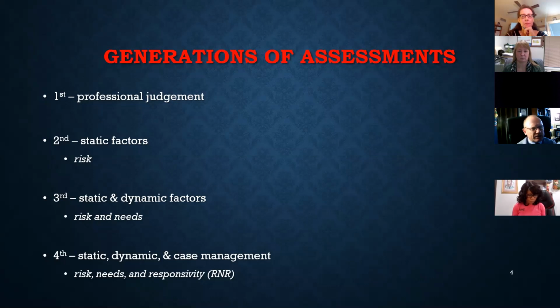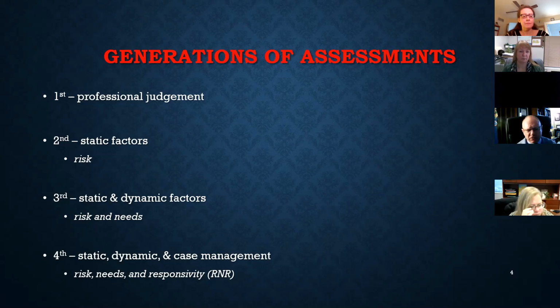And what's interesting about second generation, they've been around for a very, very long time, but they helped build a support and foundation through research for the creation of a third generation tool, which we started seeing really in the late 1990s, early 2000s, all the way up to about, I would say, 2010 to about 11, where you finally moved into a fourth generation. But a third generation was a much better assessment instrument because it looked at static and dynamic factors.